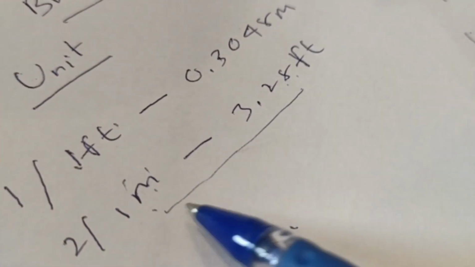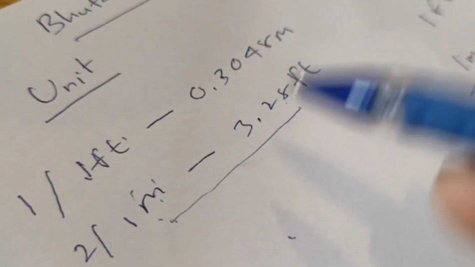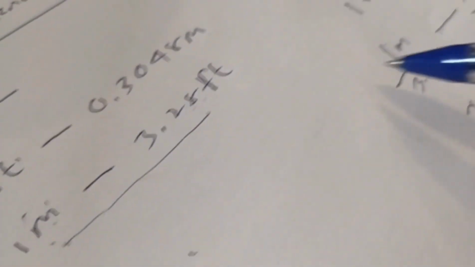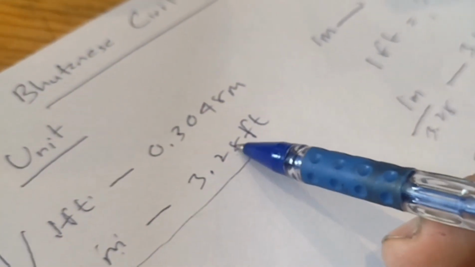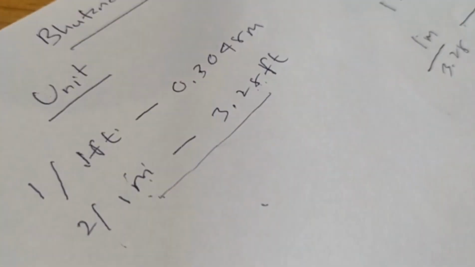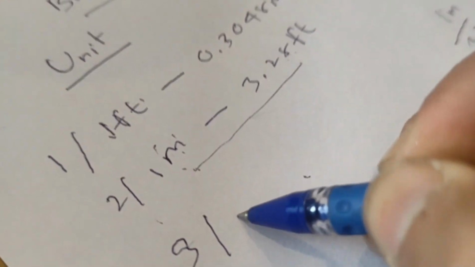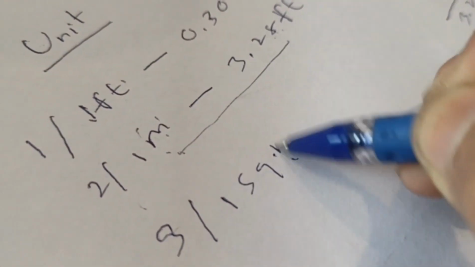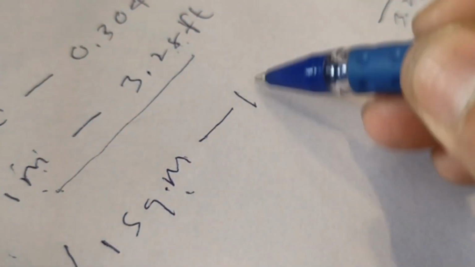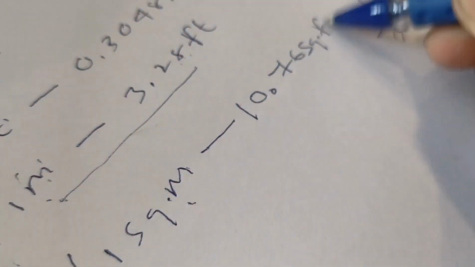If you know the 1 or 2, it's okay. Number 3, watching, 1 square meter is 10.76 square feet.